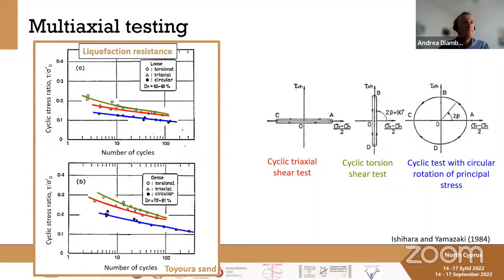And then you can see the typical liquefaction resistance curve, where we have less resistance in triaxial compression and extension than in torsion. But if we then apply circular rotation of the principal stress axis, we have less resistance. So you can now see that both the orientation and the rotation of the principal stress axis have a very strong influence on our liquefaction resistance.